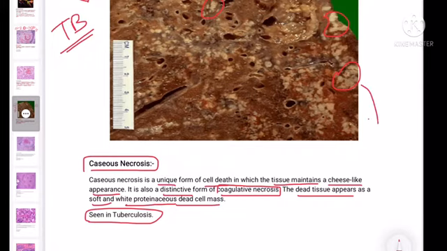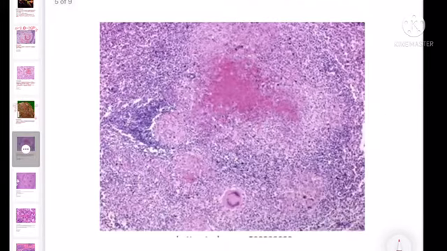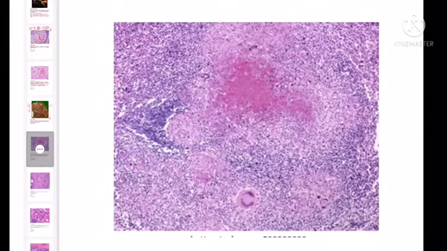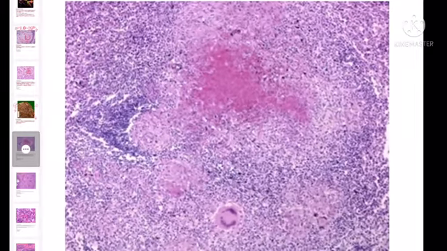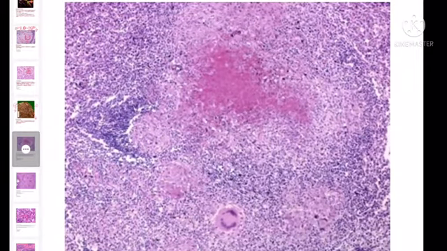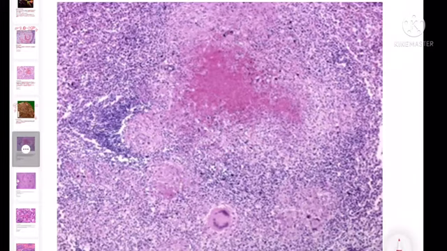If I take a sample and see under microscope, I can find this image. So what I can find here, I can find a central necrotic highly eosinophilic area. So this is the necrotic material.